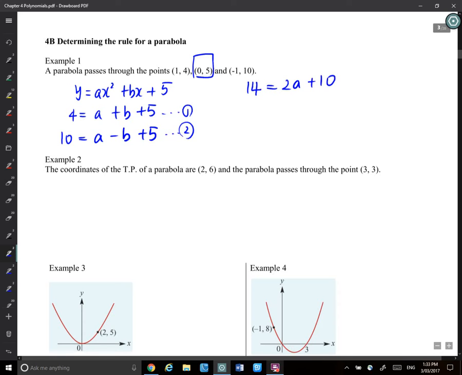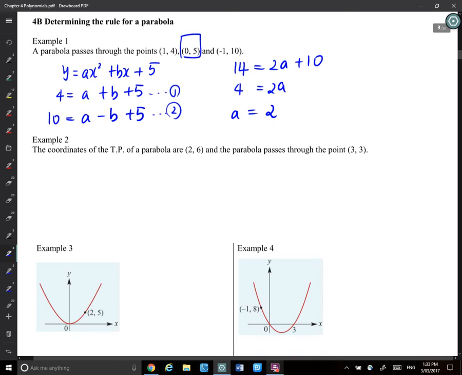The b cancelled. So 4 equals 2a, a will be 2. If a is 2, b equals 4 minus a minus 5, that equals 4 minus 2 minus 5, b equals minus 3. So y equals 2x squared minus 3x plus 5.